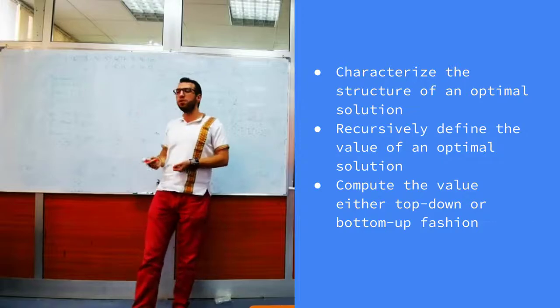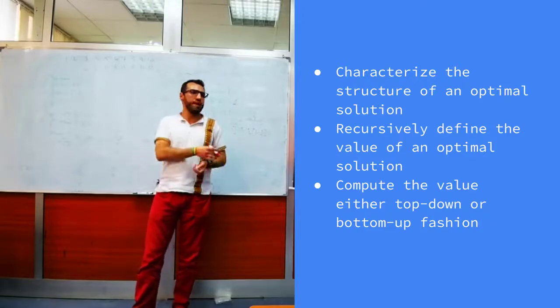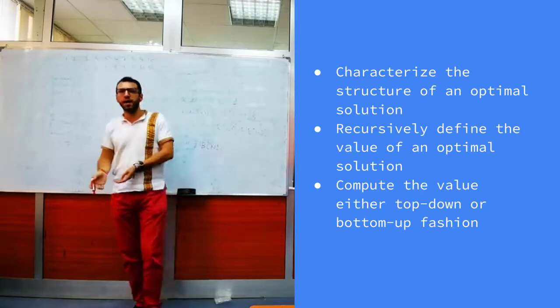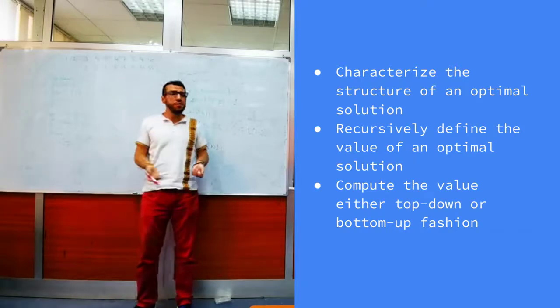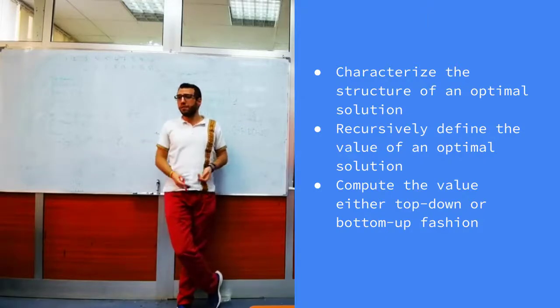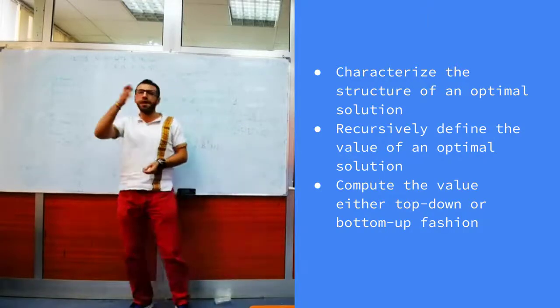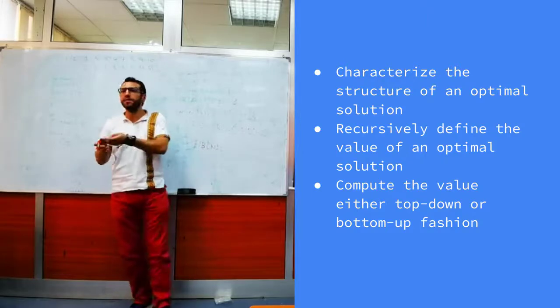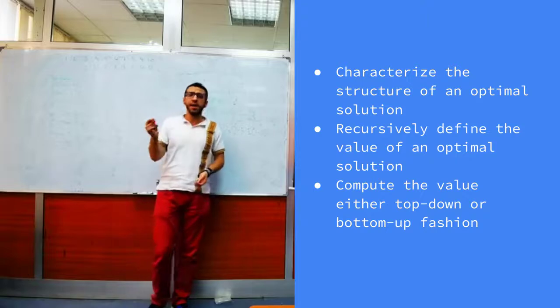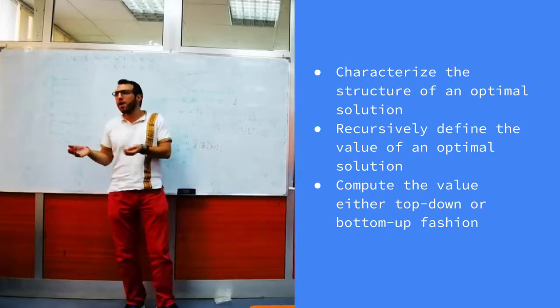In the case of Fibonacci, we don't skip any of the subproblems: n requires n minus 1, n minus 1 requires n minus 2, and so on. But there are different types of problems in which some subproblems can be skipped. Like f n might depend on f n minus 2 and f n minus 4, for example. In that case, the n minus 1 and n minus 3 subsolutions are not going to be used.